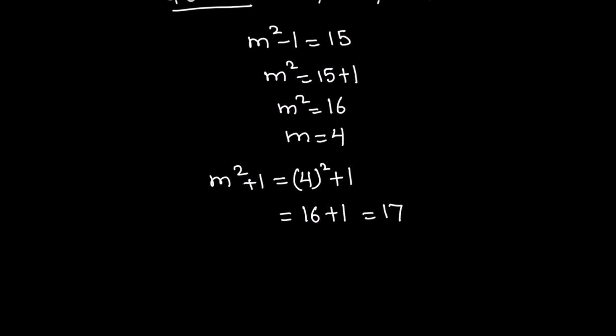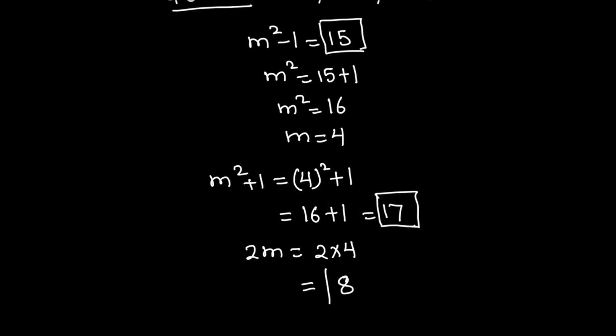So we have m square minus 1 equals 15, m square plus 1 equals 17, and we are left with 2m. So 2m will be 2 times 4, which equals 8. So the third triplet number will be 8. The Pythagorean triplets for number 15 will be 8, 15 and 17.